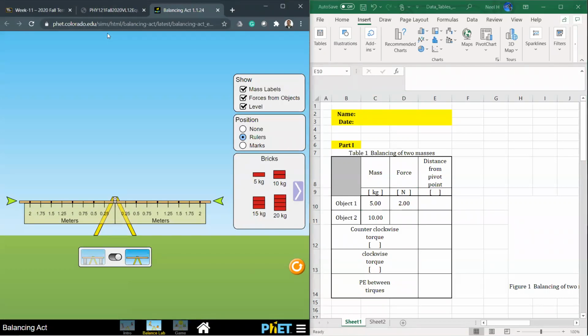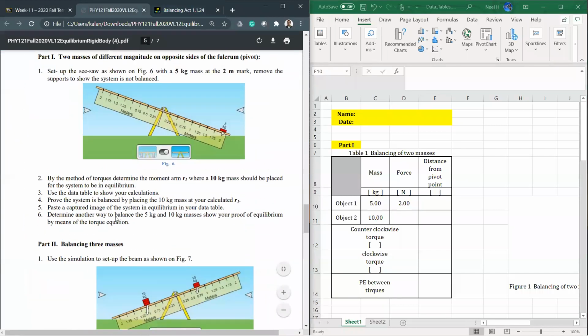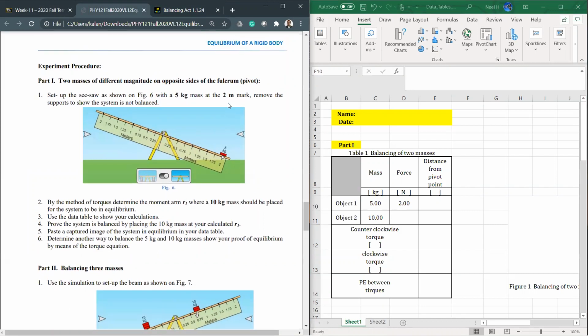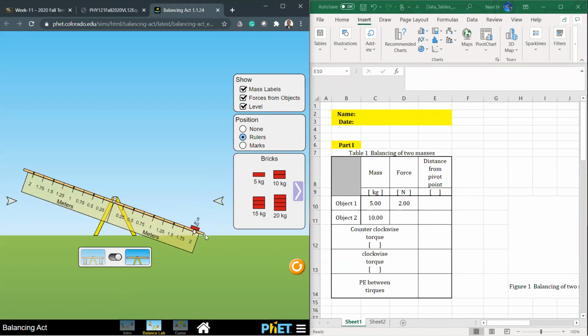Doesn't matter actually, but let's take a look at the position to apply the 5 kilogram mass. About the 2 meter location. Yeah, let's try that. You need to click the 5 kilogram mass and then drop it exactly on top of that particular point.